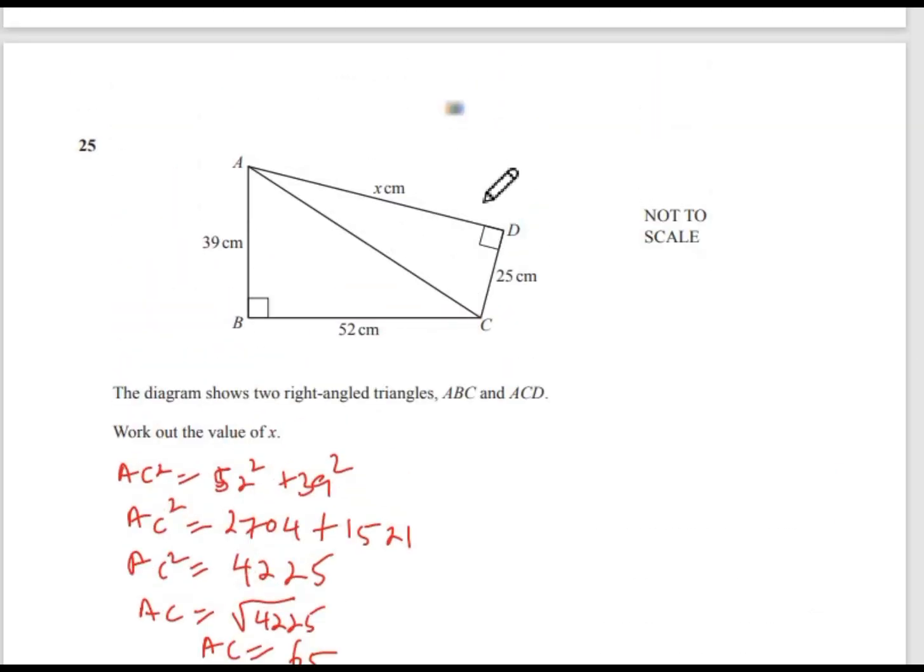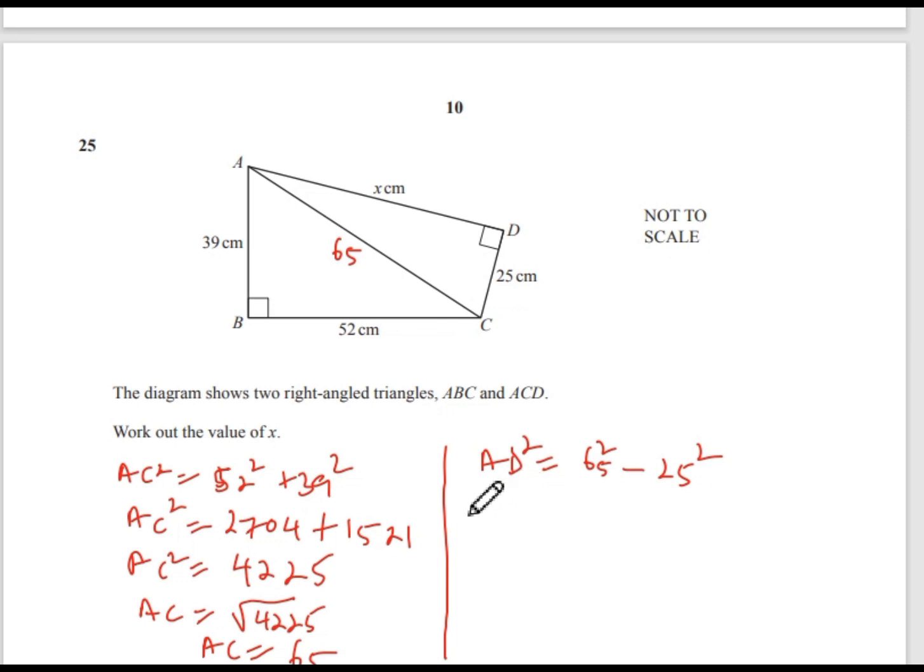Now let's get AD. AD becomes very easy. So this is 65. To get AD, we use AD squared is equal to 65 squared. Since we're not looking for the hypotenuse side, it will be negative. If it's the hypotenuse side, it will be plus. So 65 squared negative 25 squared.